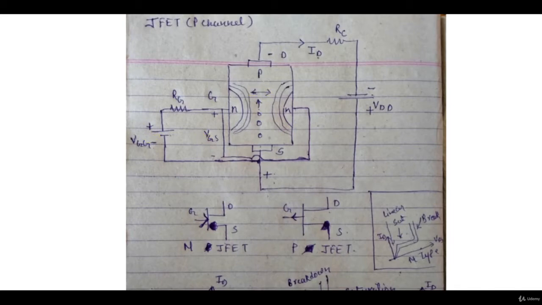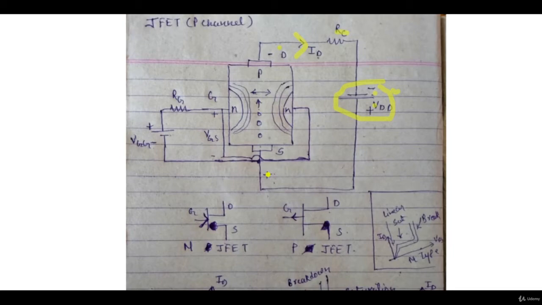Now come to the other side. Here VDD is connected negative and positive in this fashion. In N type it was connected positive and negative, so the current will be in the opposite direction. You can see RC is just to control the current, and this point, source, is connected to positive, drain is connected to negative.